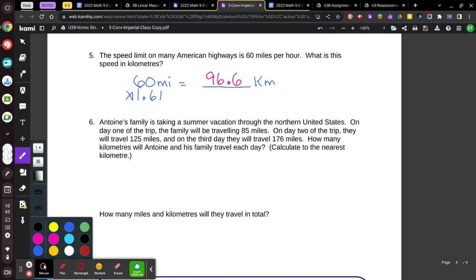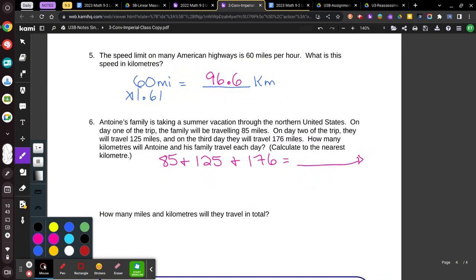The next one's talking about Antoinette. His family is taking a summer vacation through the northern U.S. On one day of his trip, he traveled 85 miles. On day two, they traveled 125. And the third day, they traveled 176. How many kilometers did they travel each day? And then down here, it wants the total miles and total kilometers.